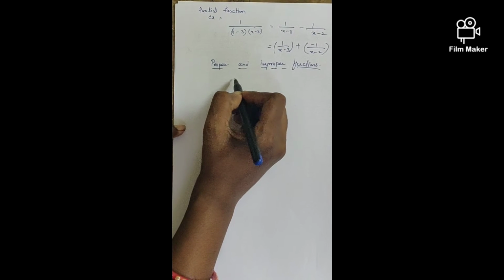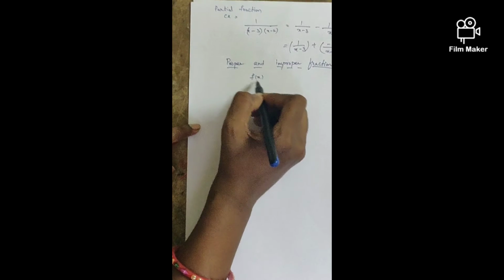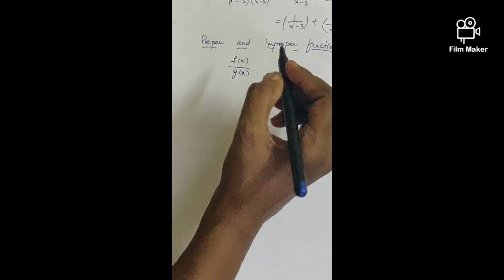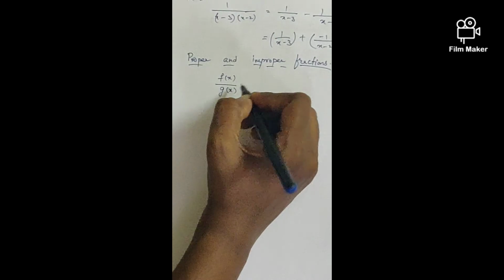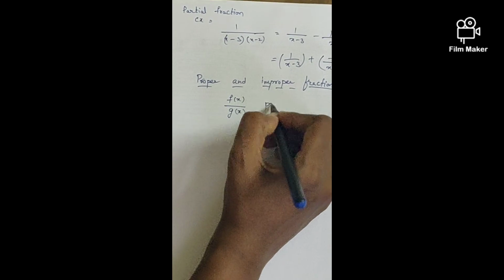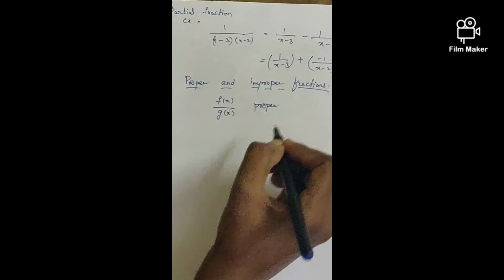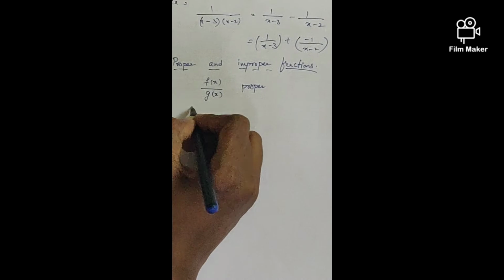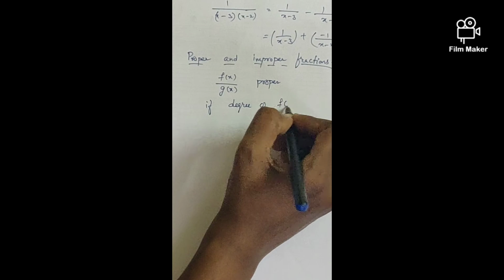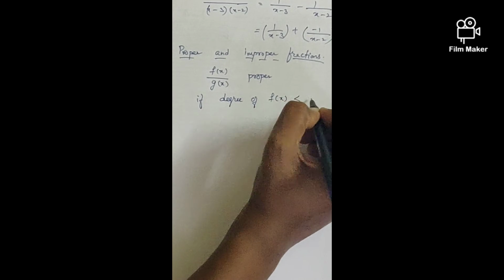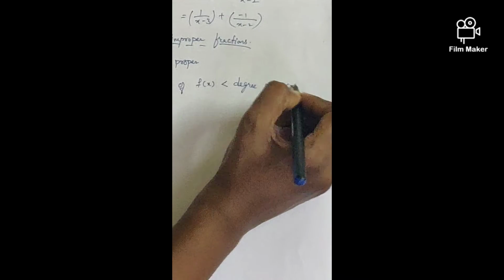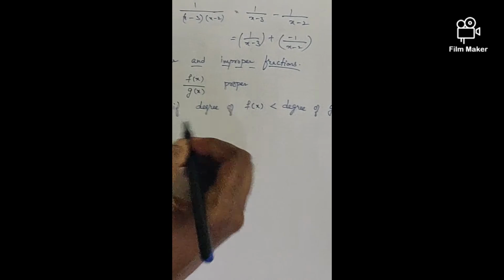If the rational fraction is like f of x by g of x, this rational fraction is proper if the degree of f of x is less than the degree of g of x. Then we say that it is a proper fraction.